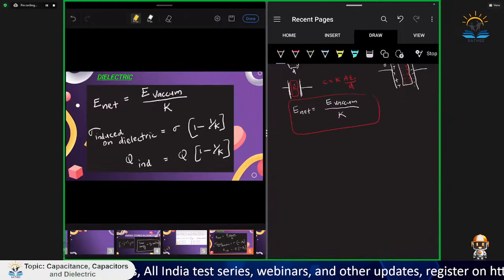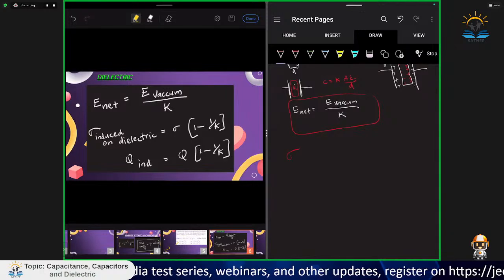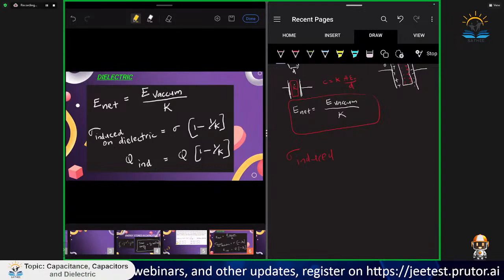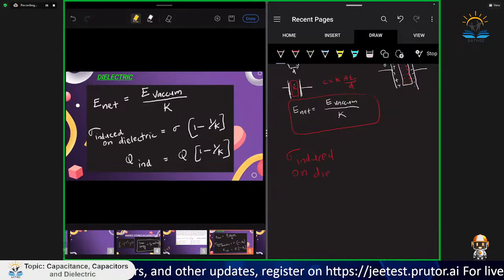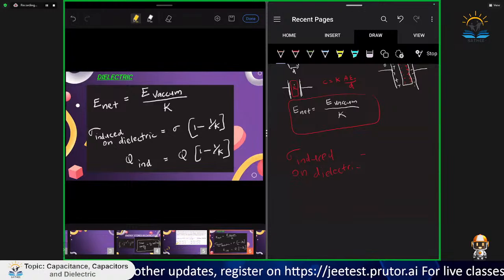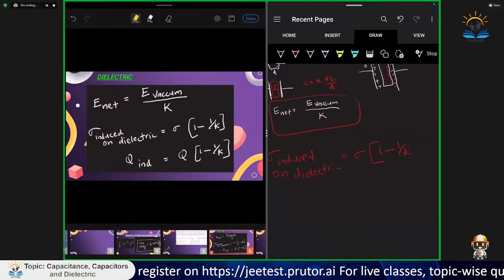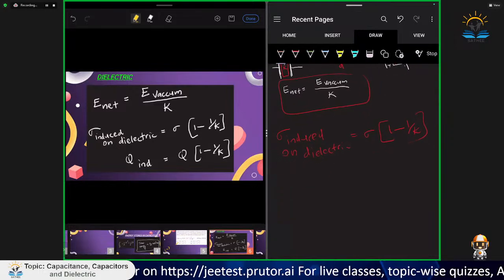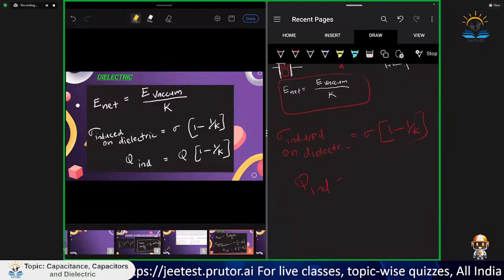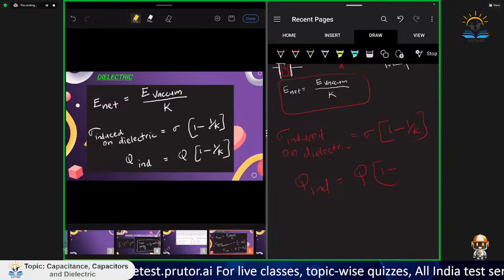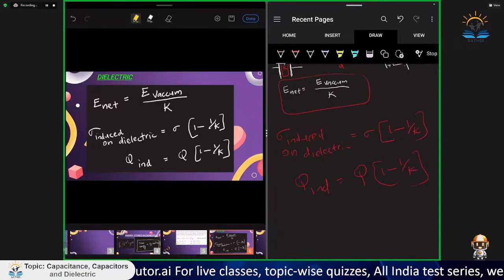And then, surface charge density induced on the dielectric will be sigma into 1 minus 1 by K. Again, charge induced is also Q into 1 minus 1 by K. These are just formulas to learn by heart.